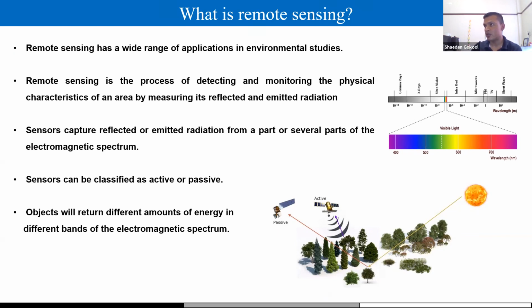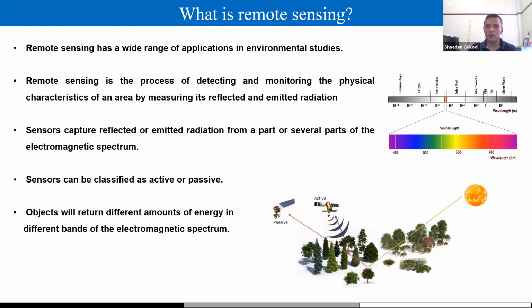Alternatively, if a body has a certain amount of energy, for instance, the sun or the land surface, when it heats up, it can emit its own radiation, and this emitted radiation can also be measured. So sensors are designed to capture reflected or emitted radiation from a part or several parts of the electromagnetic spectrum. And this figure here just details the range of the electromagnetic spectrum.